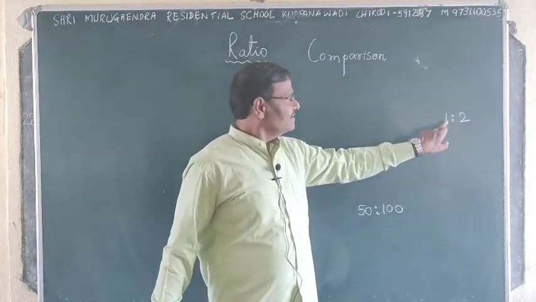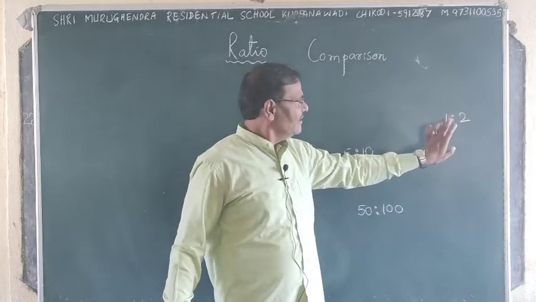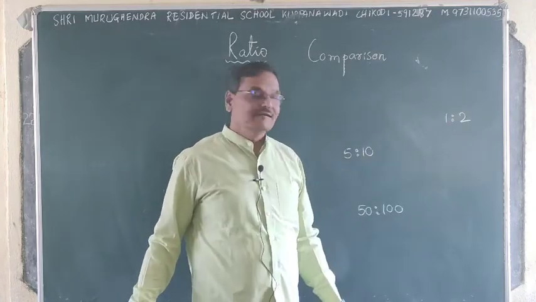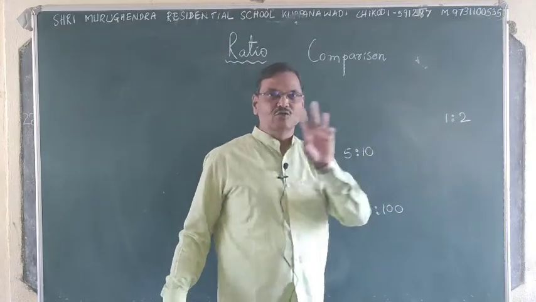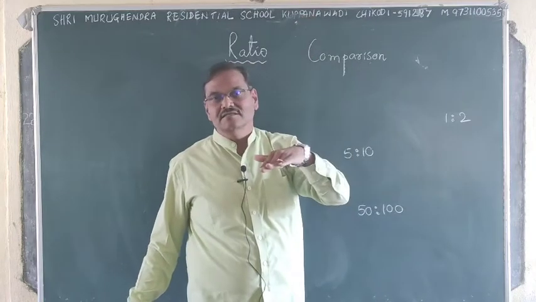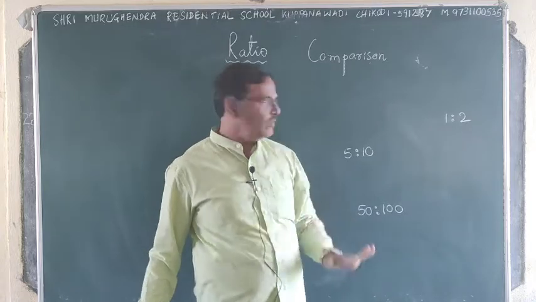This is the first unit and second unit. In a fraction, it is numerator and denominator. Two numbers we denote, one up and one downside.